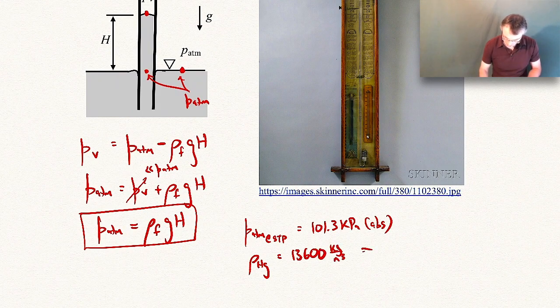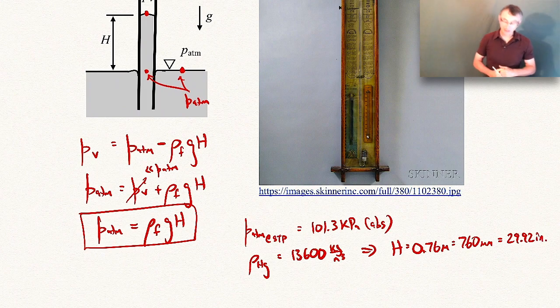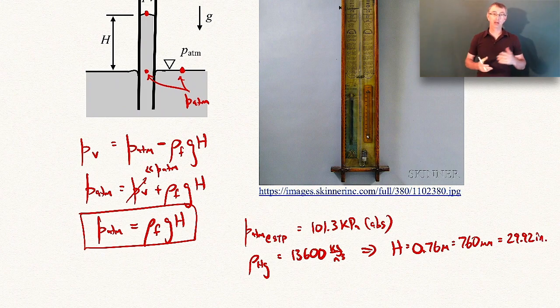And if we work our way backwards, then h comes out to be 0.76 meters, or 760 millimeters, or 29.92 inches. So a barometer using mercury will have a height of about 3/4 of a meter, roughly 30 inches. So it's a very reasonable height. You can put it on a desktop. It's easy to put in the laboratory.